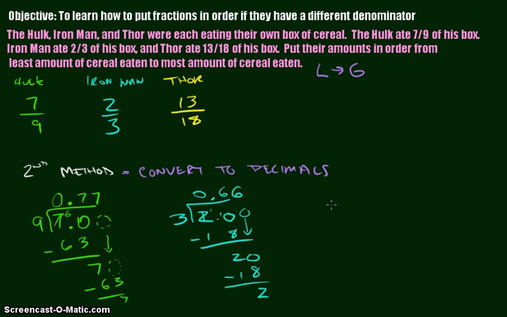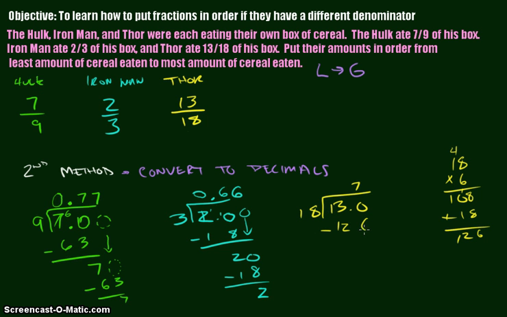And Thor, let's see, 13 divided by 18. Now 18 won't go into 13, so I'm going to treat it like it's 130. I'm not sure. I'm going to guess here. 18 times 6. 6 times 8 equals 48. 6 times 1 is 6, plus 4 is 10. 108. So let's add 18 to that. 8 and 8 is 16, 1 and 1 is 2. 126. So 18 times 7. That seems right. I'm going to subtract 126.